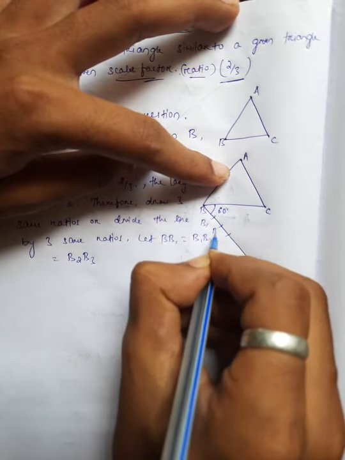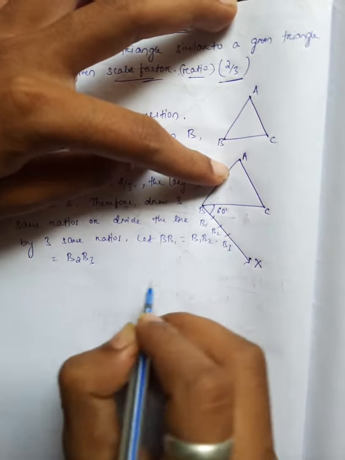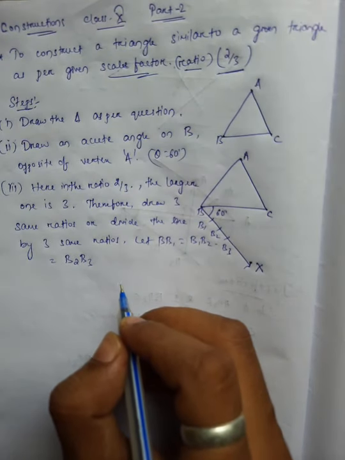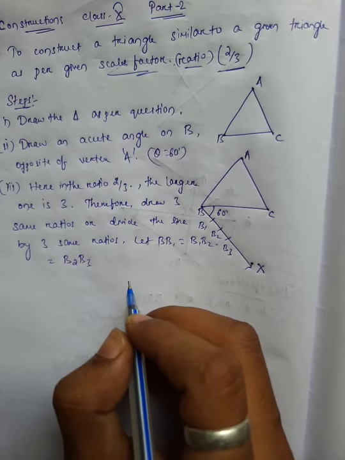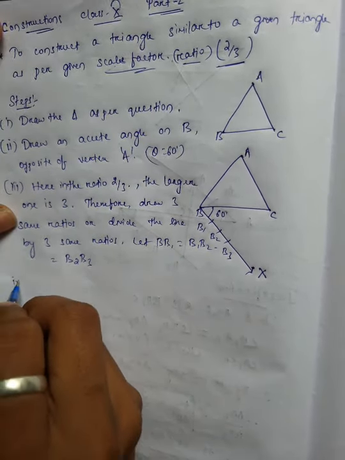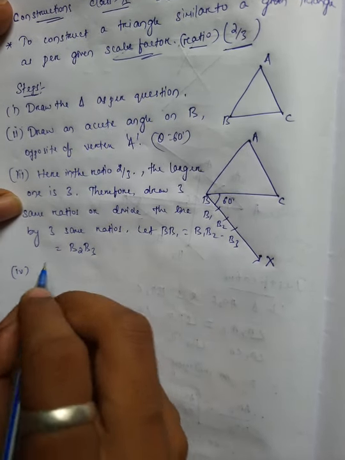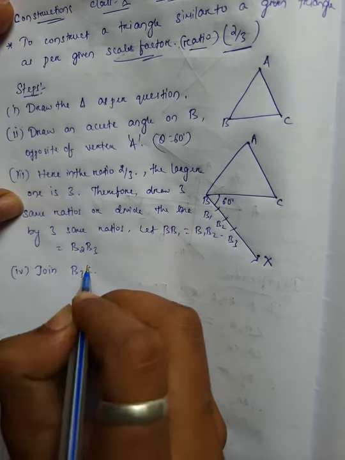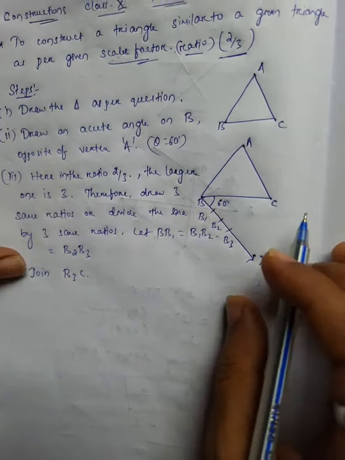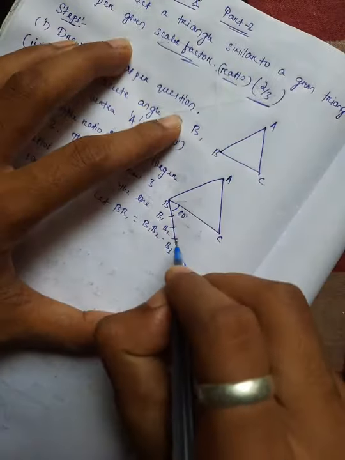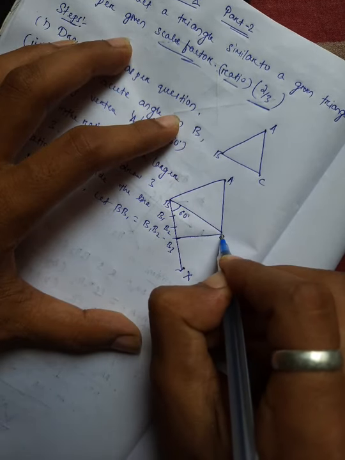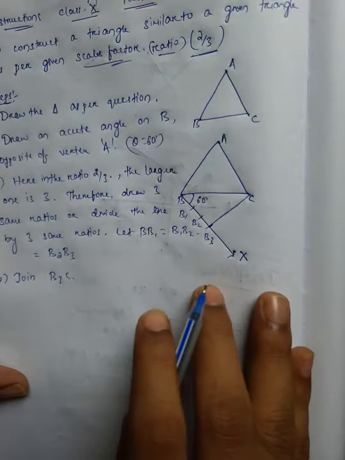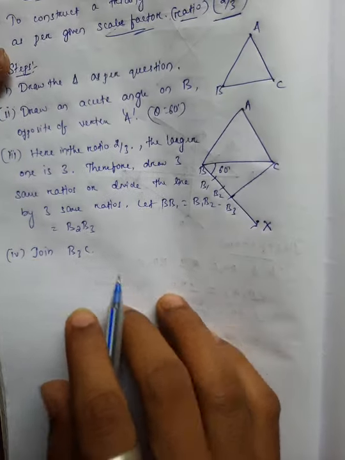This one is B1, this one is B2, and this one is B3. Clear? So now next step, fourth step, join B3C. Now we have to join B3C, just like this. I have joined B3C.